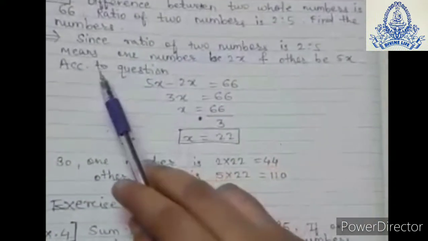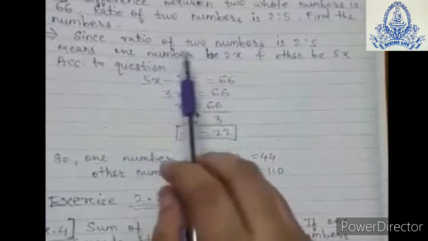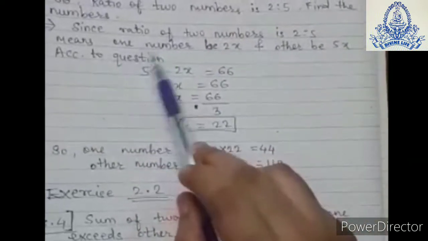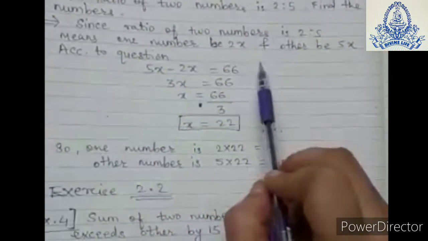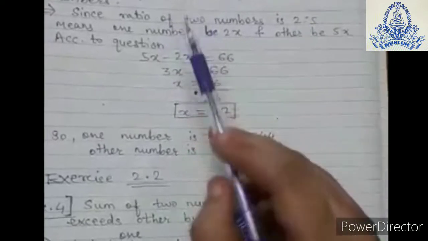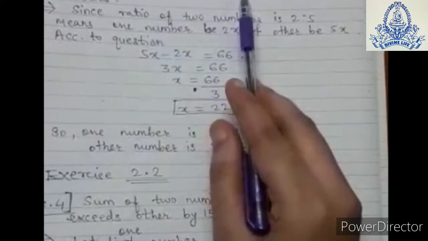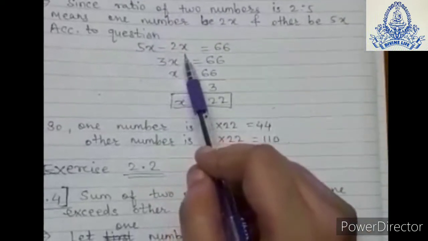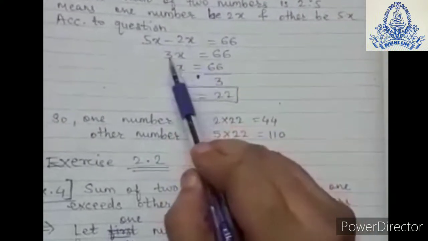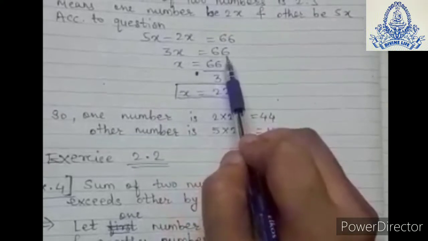Since the ratio of the two numbers is given as 2:5, let one number be 2x and the other number be 5x. Now according to the question, the difference of the two whole numbers, 5x minus 2x, is equal to 66. So 5x minus 2x is 3x, which is equal to 66.